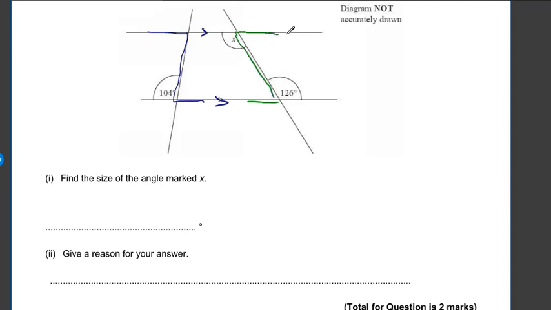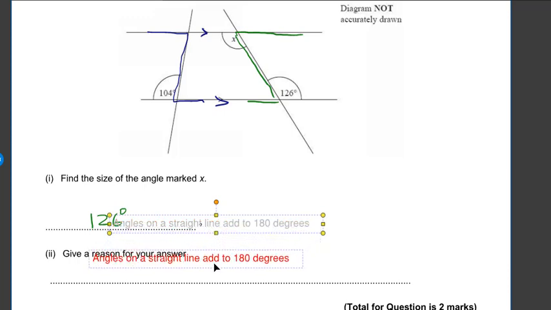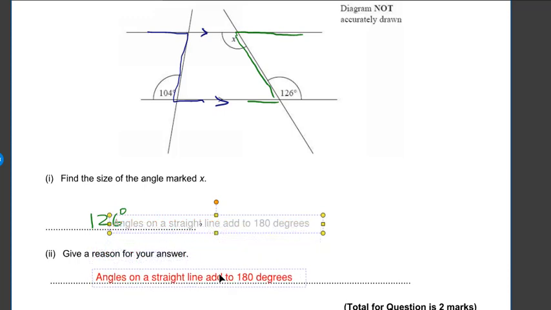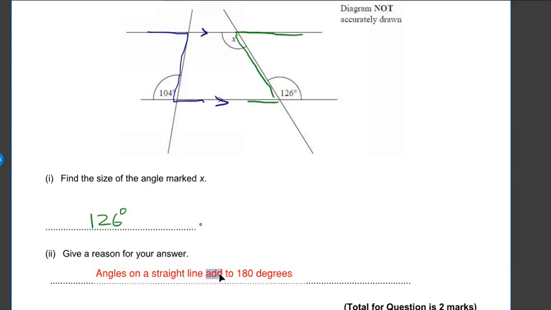So we're going to get loads of help straight away. I mean, this couldn't be easier. X and 126. X equals 126. Why? Because alternate angles are equal, that's why. That's it. So, you can just stick that in. Alternate angles are equal.